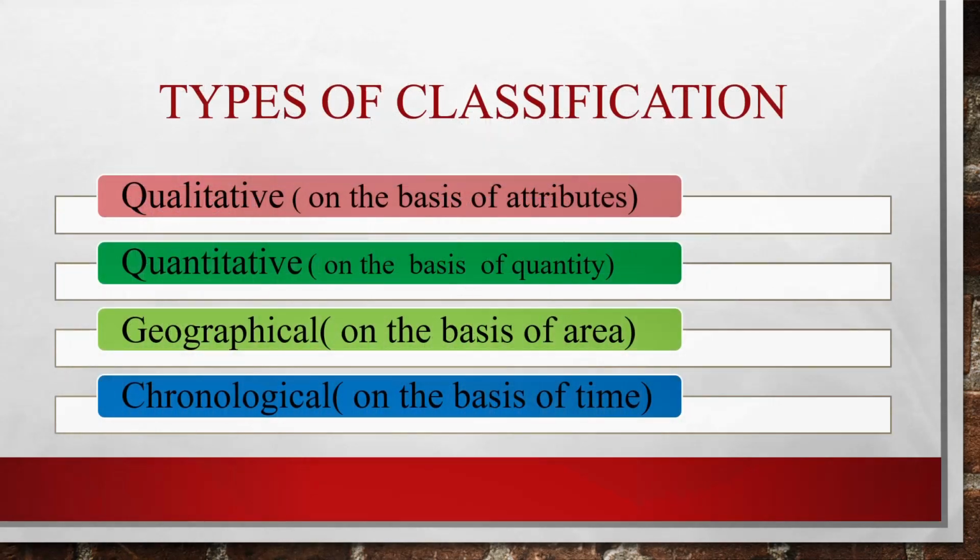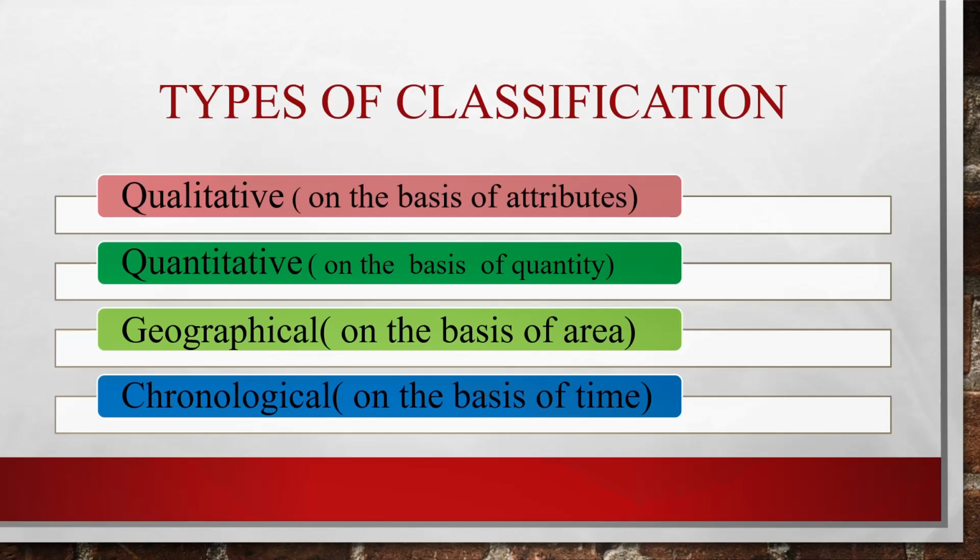Then here are the major types of classification. Classifications are mainly divided into 4, that is qualitative, quantitative, geographical and chronological.